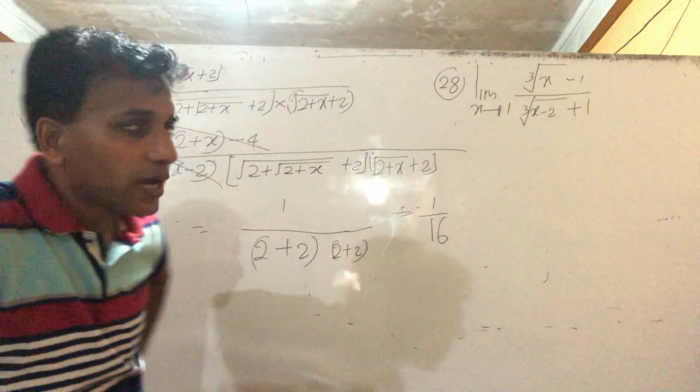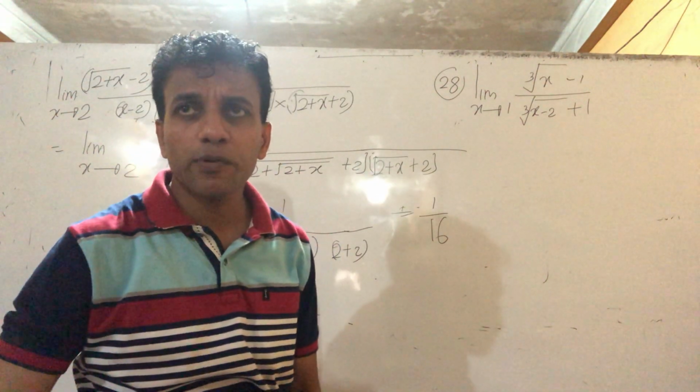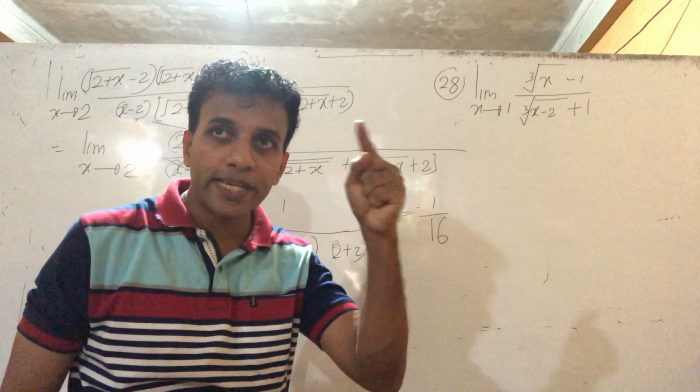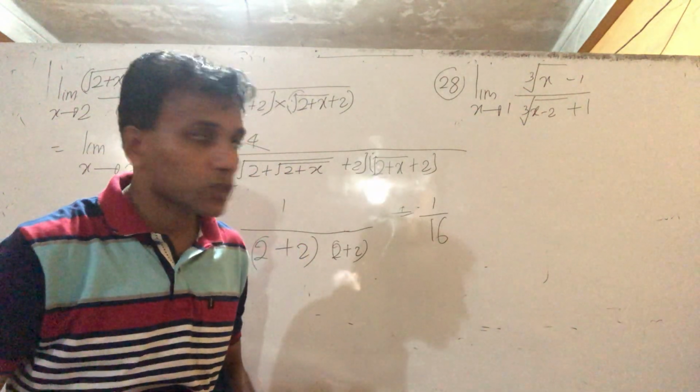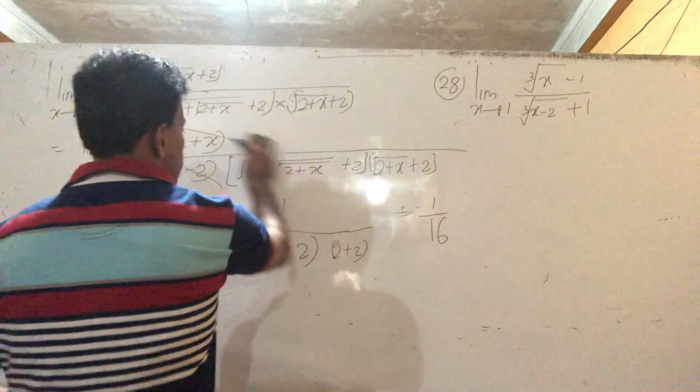So think of any other method to simplify that. Maybe you can use the first algebraic rule, x to the power n minus a to the power n over x minus a. Is it possible? Check that.